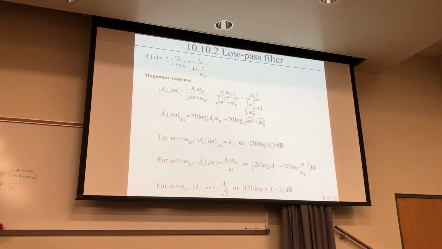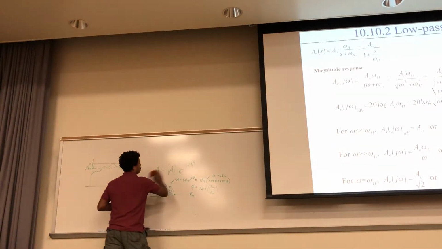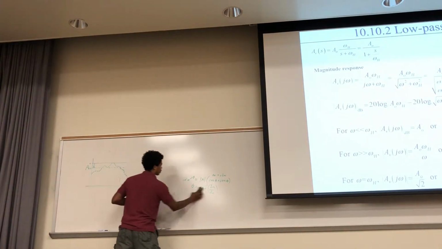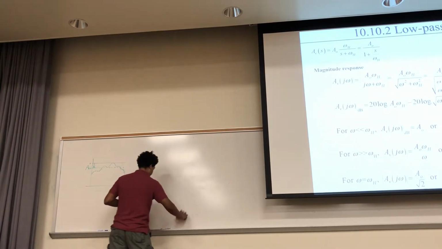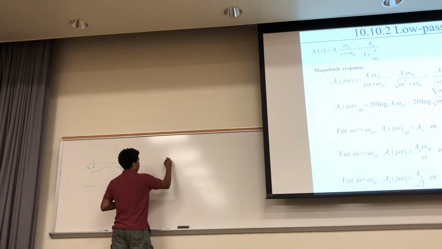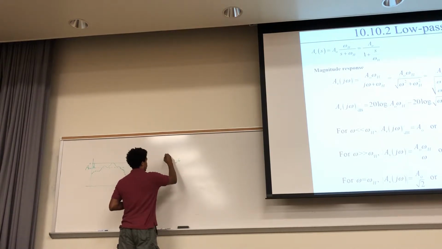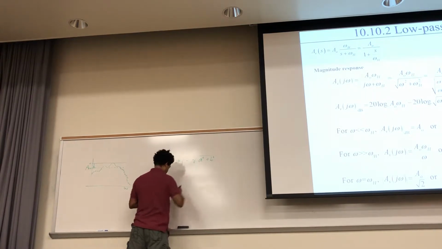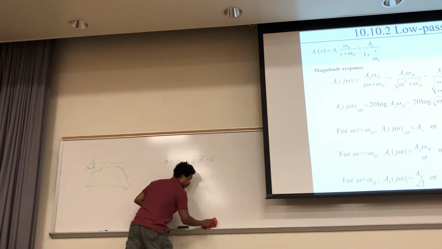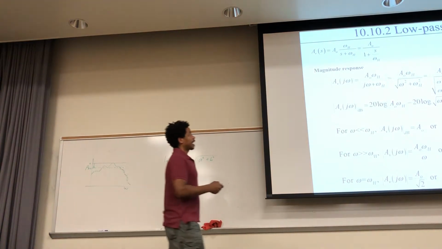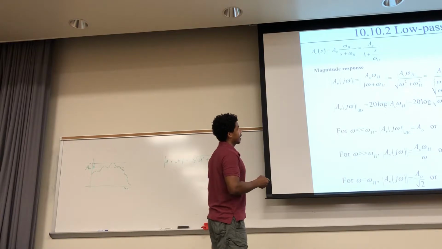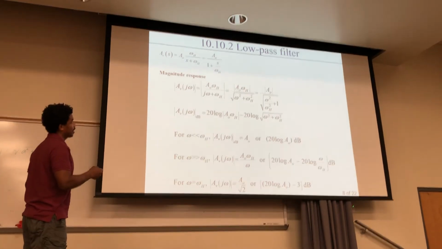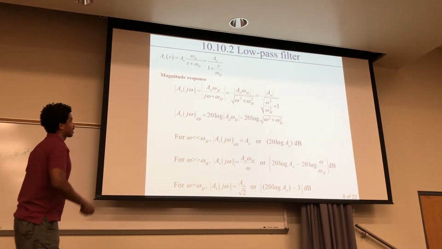And remember, if you have a real and imaginary part, let's call it A plus jB, the magnitude of that is the square root of A squared plus B squared. Just to remind you guys what that's all about. That's where this comes from, okay? And then you factor out the omega h from top and bottom, and you have it look like that.